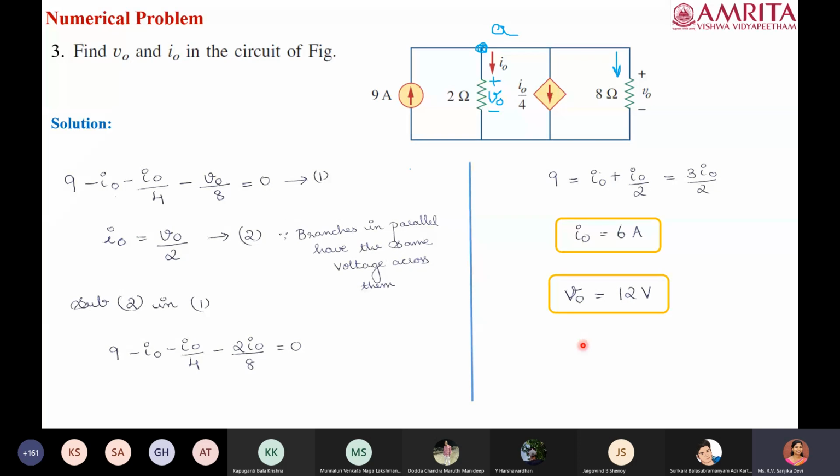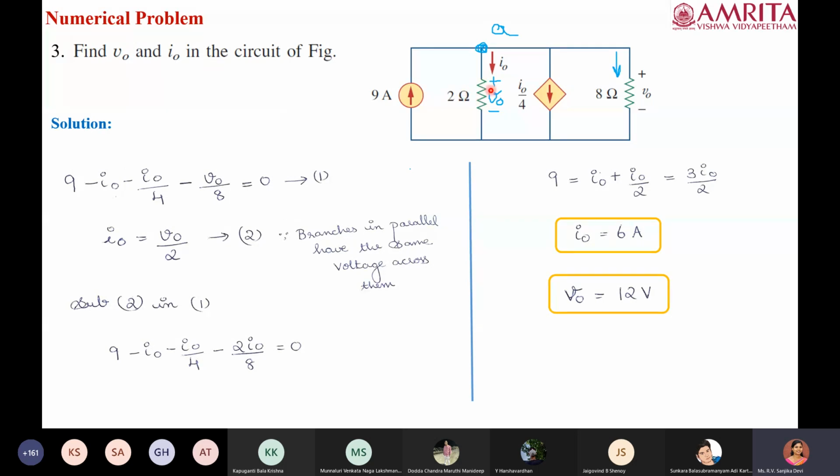So the voltage V0, which is 12 volts, is going to appear across all the elements, but the currents through the parallel branches are not the same. Somebody asked me the question: the resistances are different, so how come it will tally? Here only the voltages are the same, whereas the currents are different.